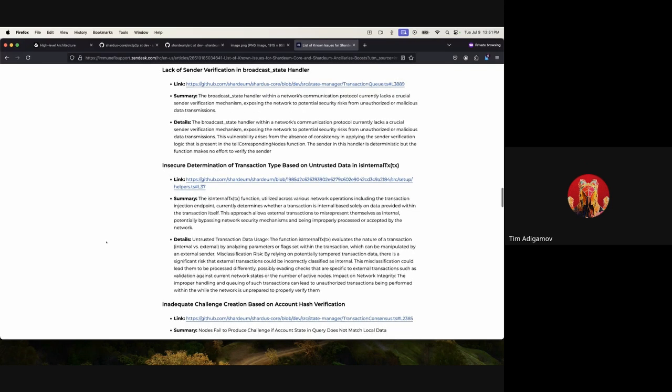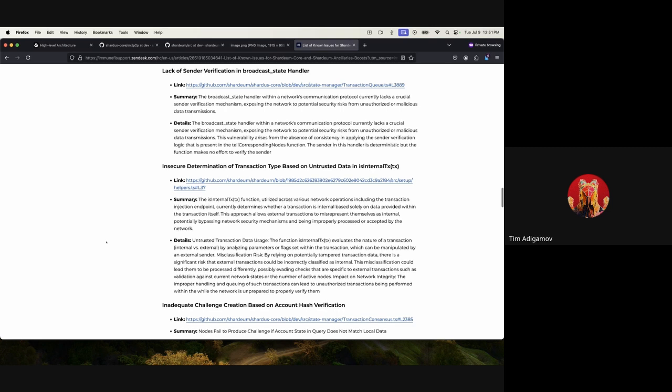So, lack of sender verification in the broadcast state handler. I think our P2P protocol has two versions, one non-binary and the second binary. I think this relates to the non-binary handler. Before a transaction can be executed on the nodes in the execution group, it needs data like the account states involved in this transaction.